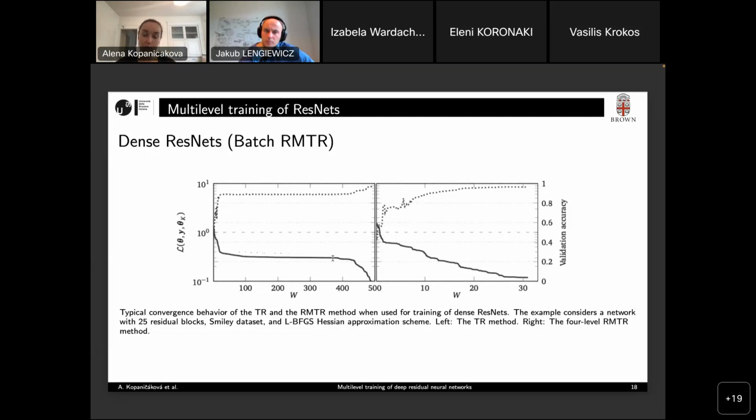So we probably encounter some plateau region, and we are stuck there for almost 400 iterations or epochs. Then eventually we get out and our method converges. You can see that if we employ the multi-level variant of the trust region method, we somehow overcome this difficulty of getting stuck, and the method converges in a much more efficient way.